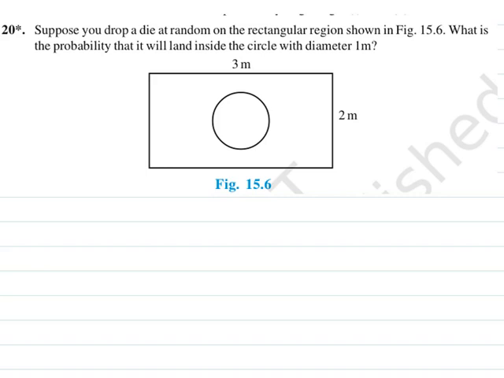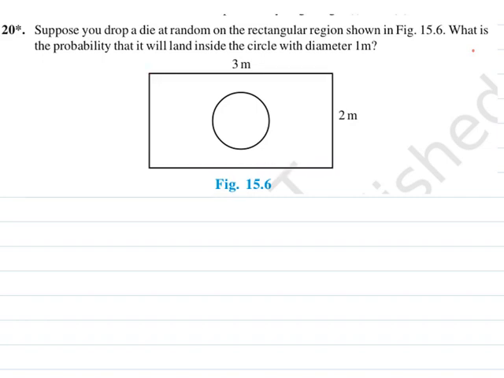Suppose you drop a dice at random on a rectangular region as shown in the figure. What is the probability that it will land inside the circle with diameter 1 meter? So in the first step, we need to find the total area. Here is your rectangle, the length and the breadth.